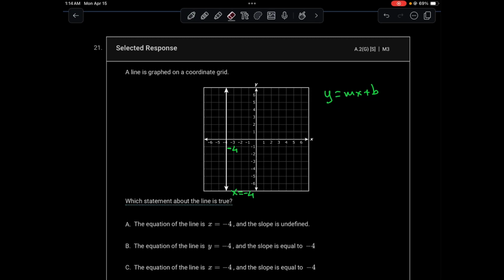That means in particular that my line cannot have a slope, cannot have the m. The m is the slope. I can't define a slope. The slope is undefined. So I can write it here: slope is undefined.